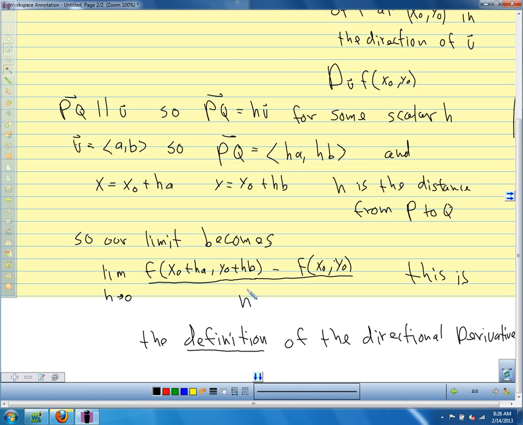Anybody have an idea what we might do with this? All right, let me write something else out. We want to come up with a way to calculate with this directional derivative without having to use this definition.